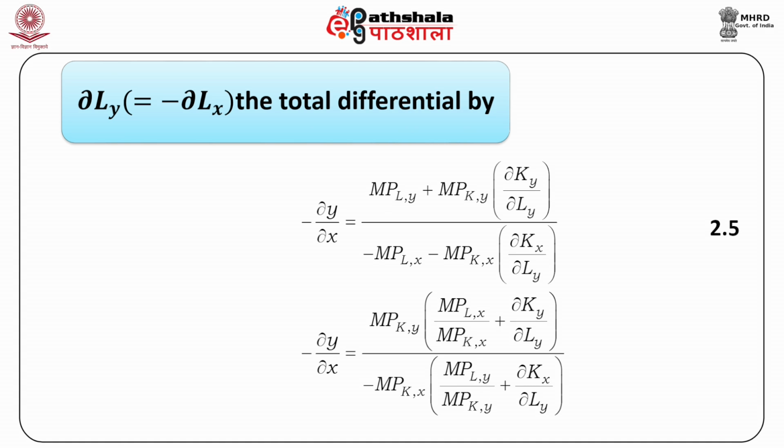Substituting 2.2 and 2.3 into 2.4, we get a complex expression as follows: minus of del y upon del x, which is the slope of the production possibility frontier, would be equal to MPKY whole bracket MPLY upon MPKY plus del ky upon del Ly whole upon minus of MPKX whole bracket MPLY upon MPKY plus del kx upon del Lx.